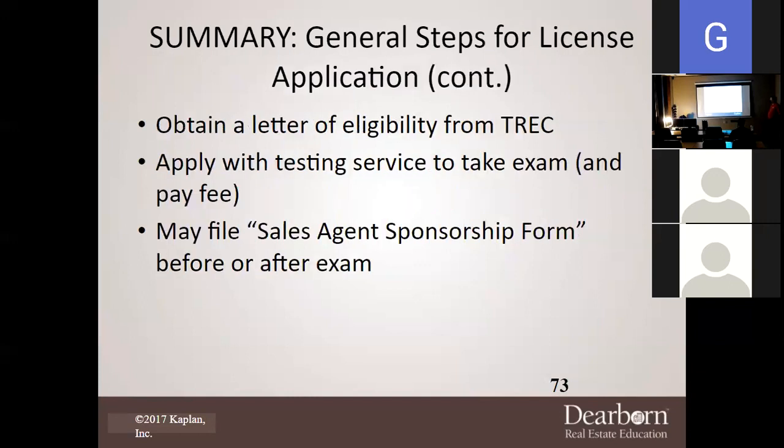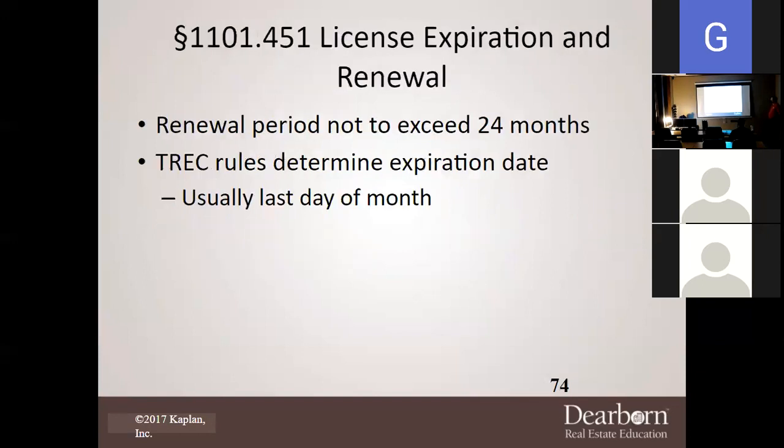You also will obtain a letter of eligibility from Trek. After they get that, they'll give you the eligibility to take the exam. You'll then apply with the testing service to take that exam and pay your fee. And you may file a sales agent sponsorship form before or after the exam. Most of the time, though, it's going to be after, not before.